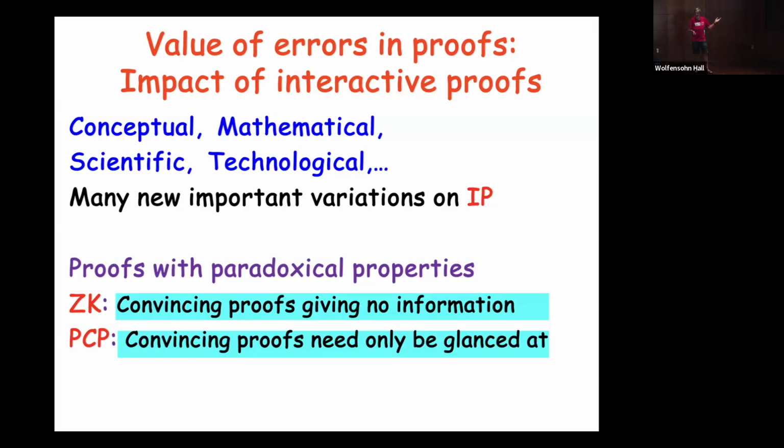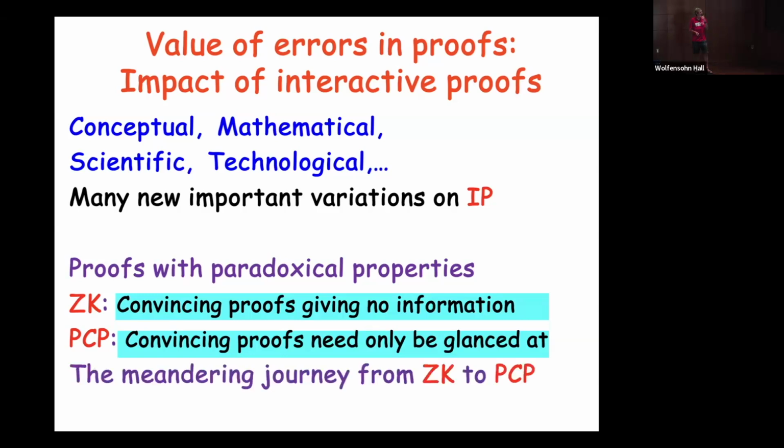And I'll explain both. And moreover, there is a connection between them, even though they are completely different notions. This meandering journey also will show you how we got to this very last MIP star kind of proof system that's so popular now.